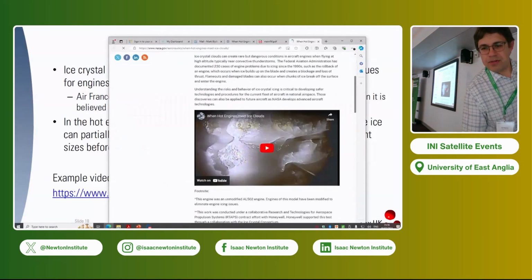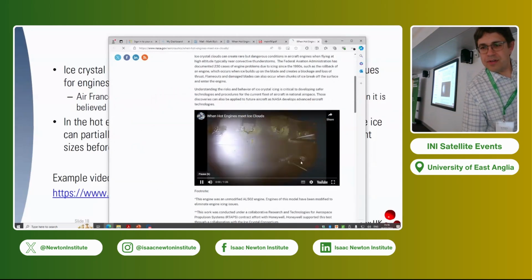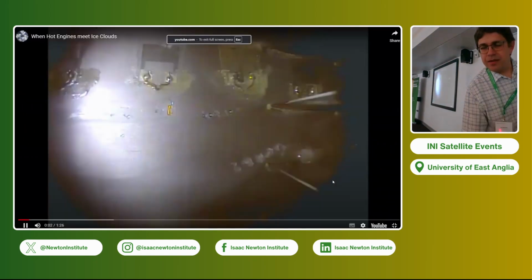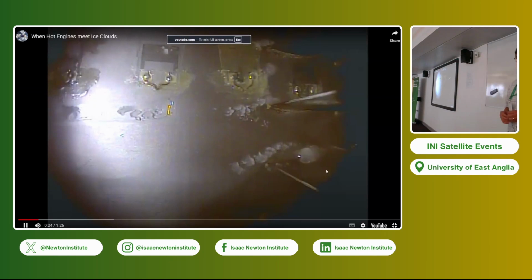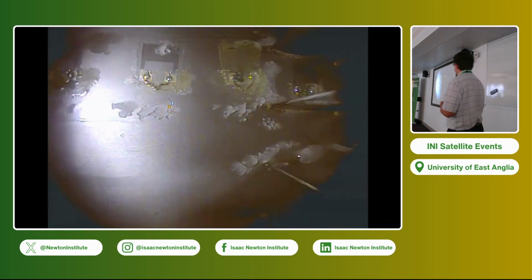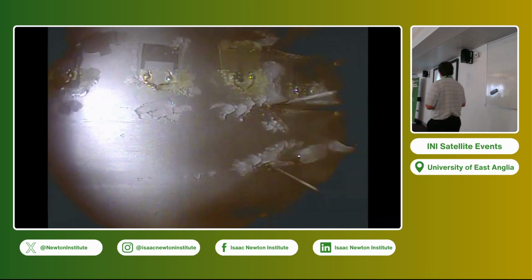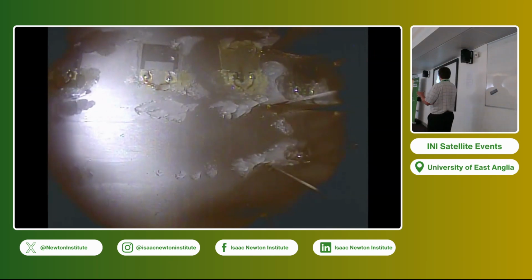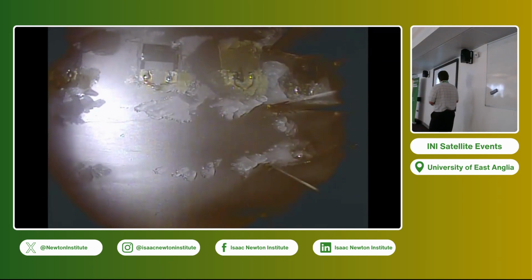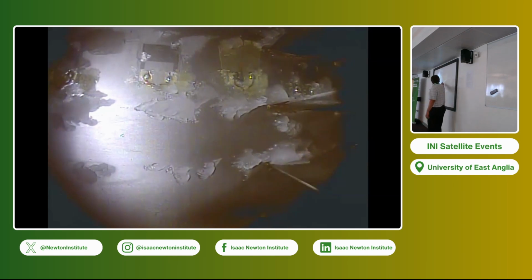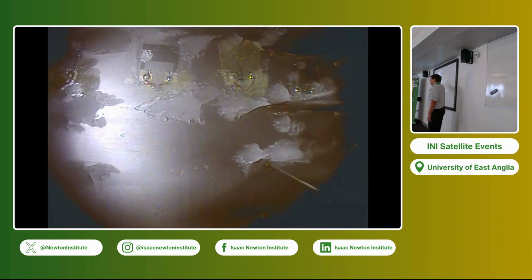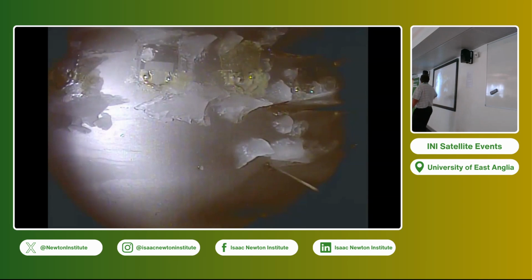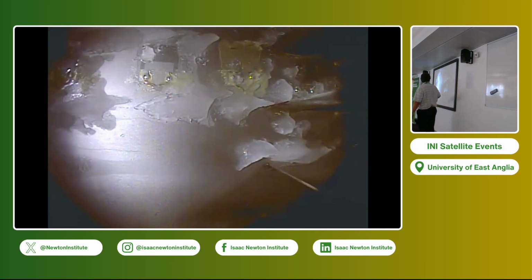And there's an example video here. This is inside an engine, just after where the main fan is at the front. You can see there's this ice, it's very slushy, not a consistent ice, and it runs and forms.